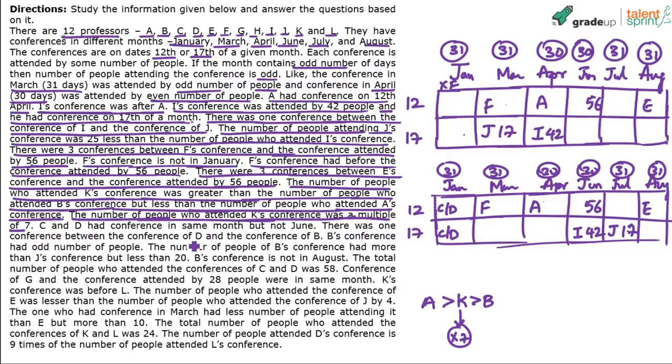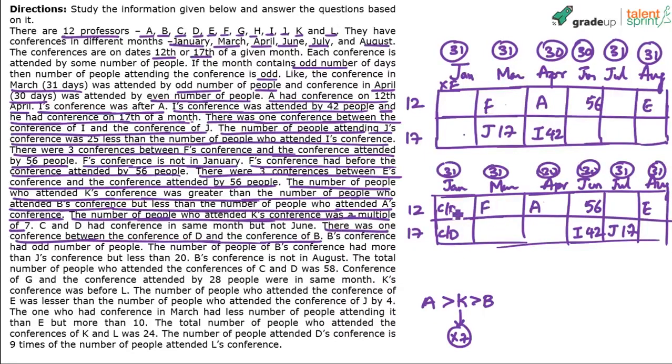There was one conference between the conference of D and the conference of B. Now try to understand. Let's take case 2 first. Between D and B, there was one conference. If I take D in 12th Jan, there should be one conference between D and B. So D dash B. But can B come here?